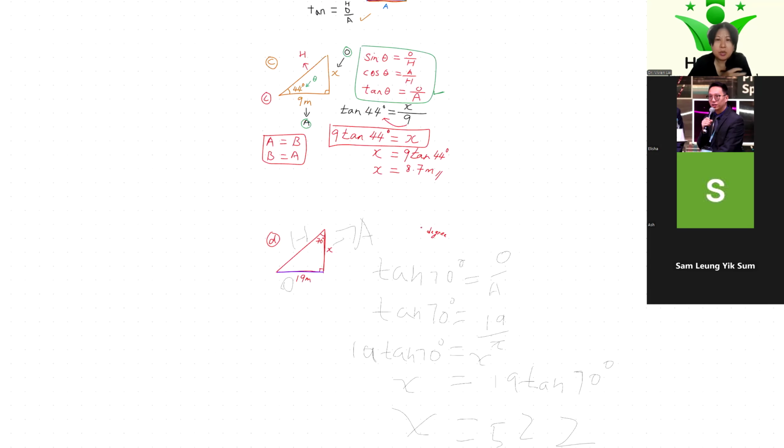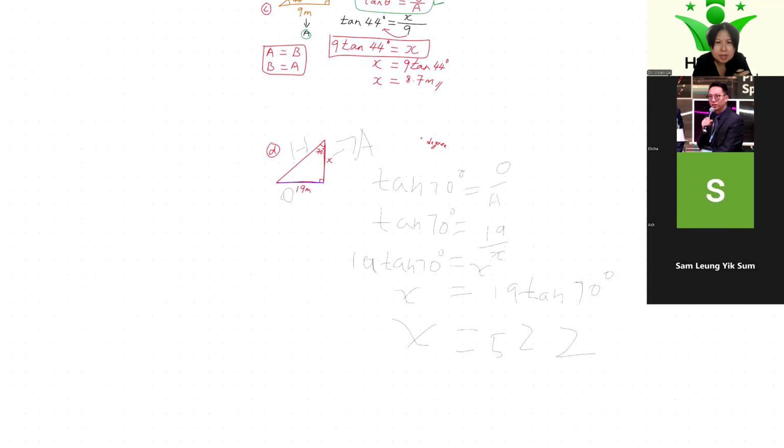So you will have tangent theta equal to O over H, and 19 over X. Then you transpose the X to that side, 19 tangent 70. So X equal to 19 tangent 70.